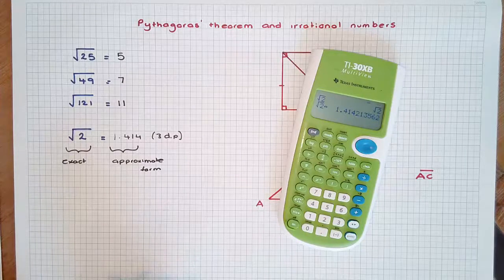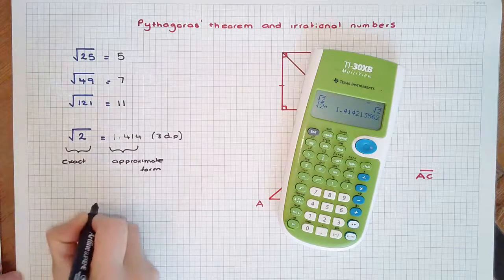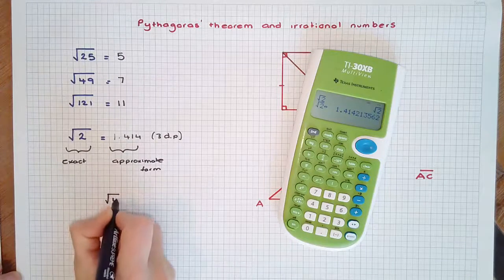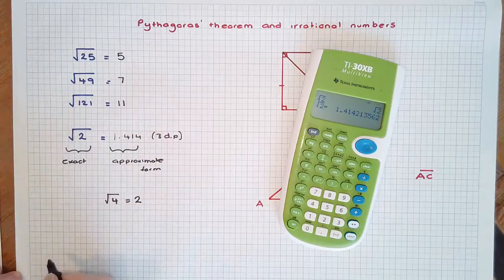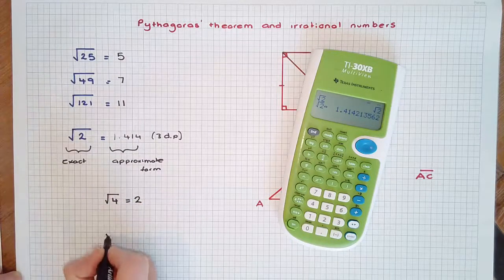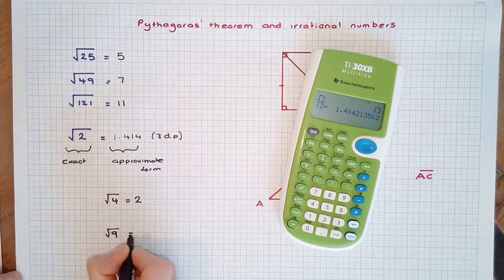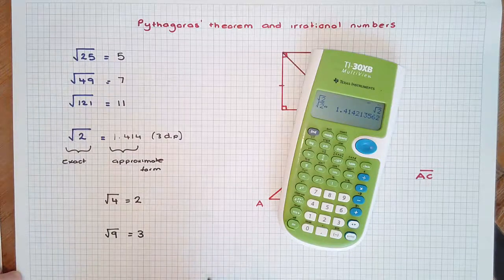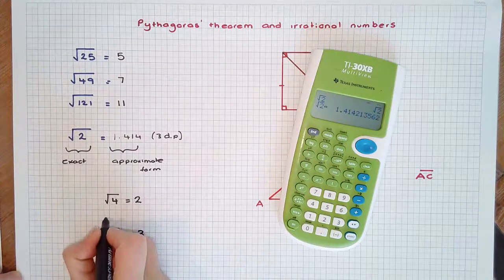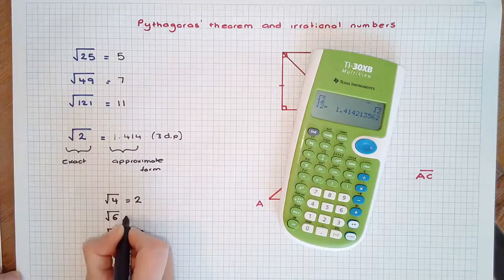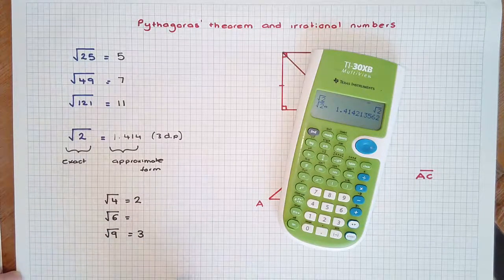To estimate the value of a square root of a number that isn't a perfect square, we can look at values above and below that are. For example, we know that the square root of 4 is 2, and we know that the square root of 9 is 3. So, making a prediction for the square root of 6, I would guess it's somewhere midway between 2 and 3.